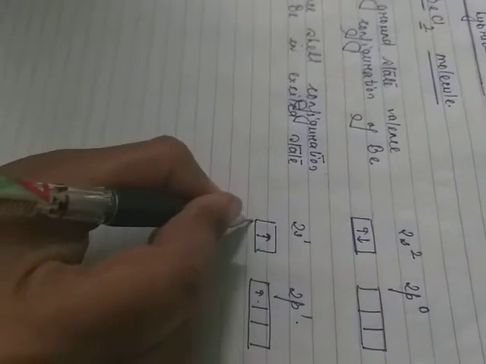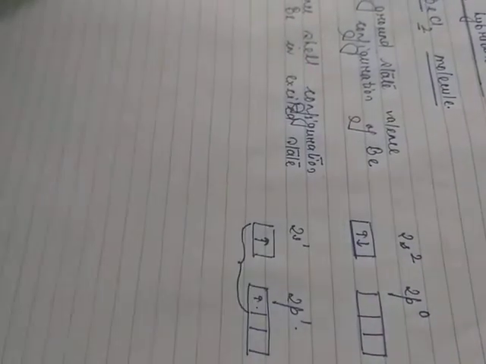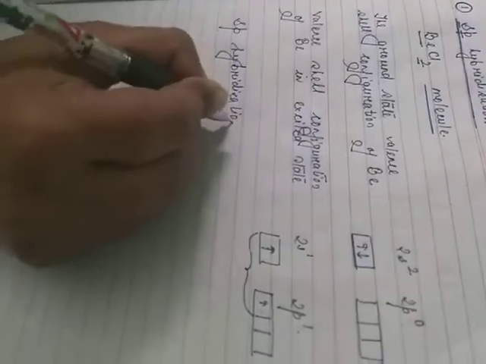Now these 2 orbitals will undergo hybridization, and this hybridization will be known as sp hybridization. As a result of mixing of these 2, we will get 2 hybrid orbitals, each named as sp, and the other 2 pure 2p orbitals would remain over here. Since 2 electrons are there, single electrons will occupy over here as per Hund's rule.